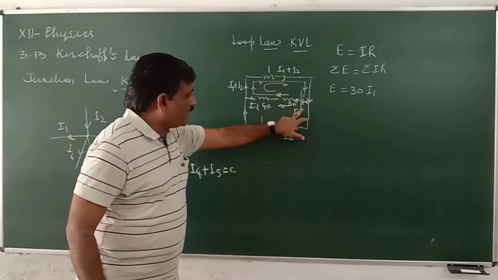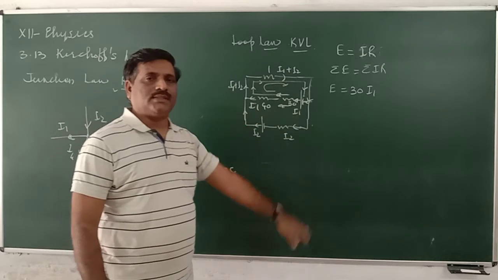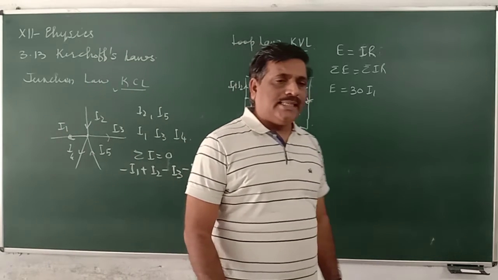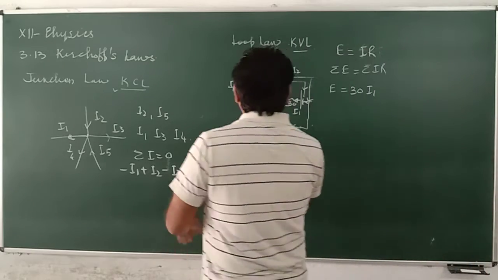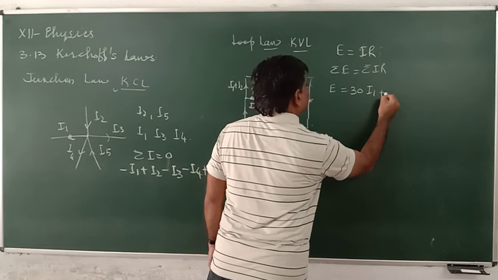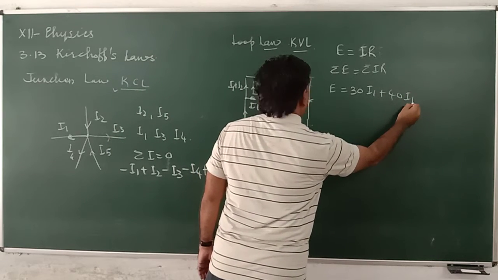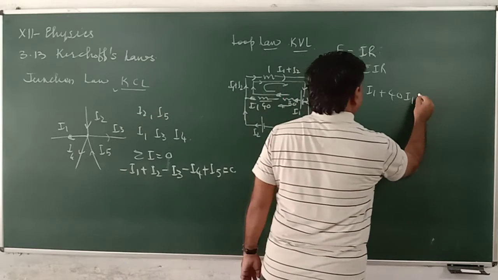Positive, because it is sending current in the direction of the traced loop. This is important: when the current is sent in the direction of the traced loop, it is positive. Here again, the current and traced loop direction are the same, so plus 40 I1.